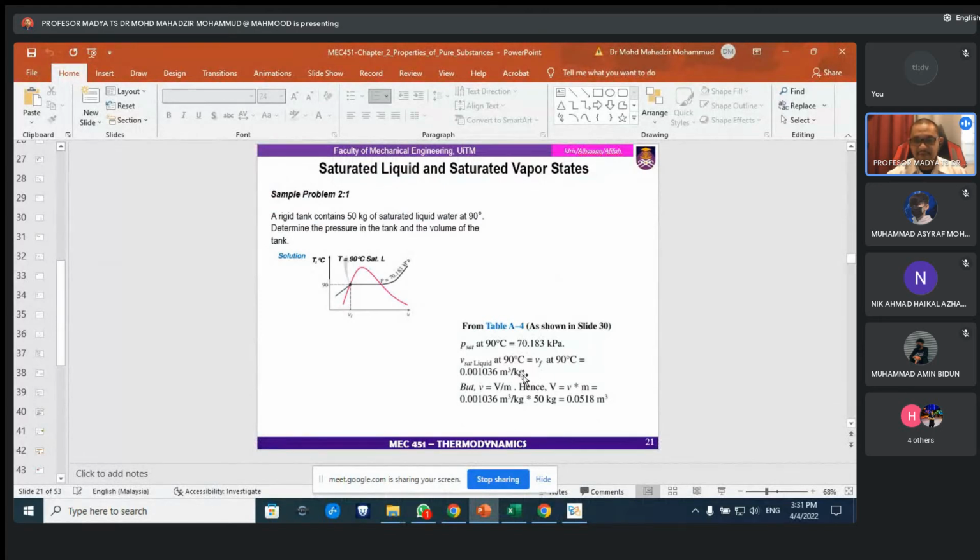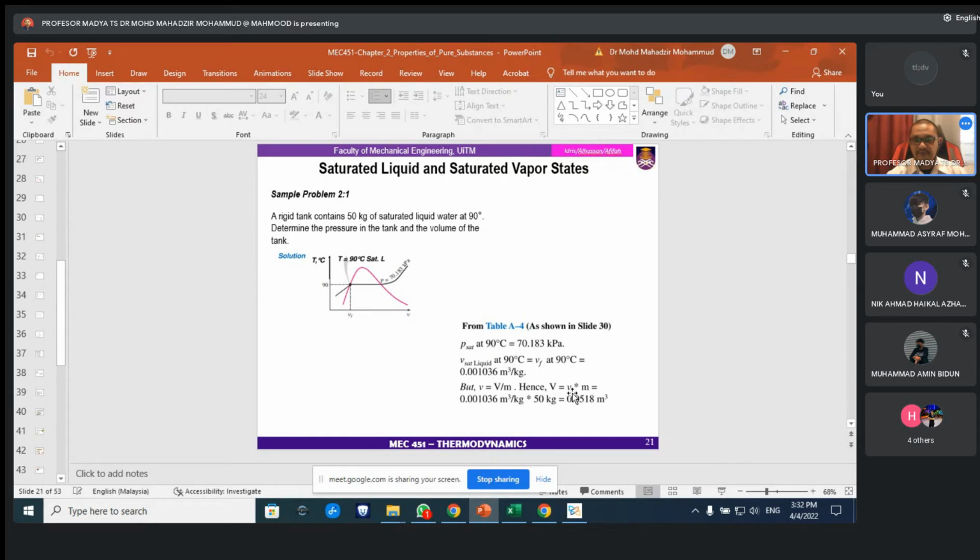But okay, Vf. We have to find Vf first. To find the volume, the formula of volume is V equals small v, specific volume, times m, mass. Mass has been given, 50 kilograms.